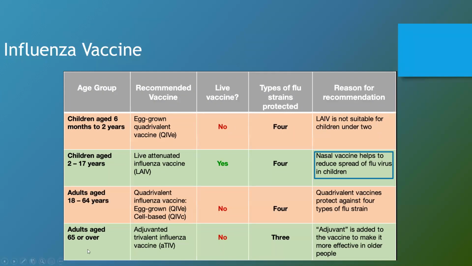Someone like me, who's just about 67, I got the flu vaccine this year. I got the trivalent, which has an adjuvant added to the vaccine to make it more effective in people. You can see that some of the strains are live, and the nasal vaccine can be used for children or even young adults. So there are different ways to administer vaccines historically. I know with the polio vaccine, actually a sugar cube has been used.